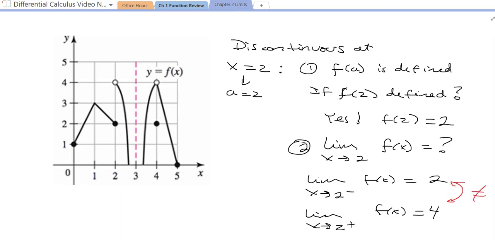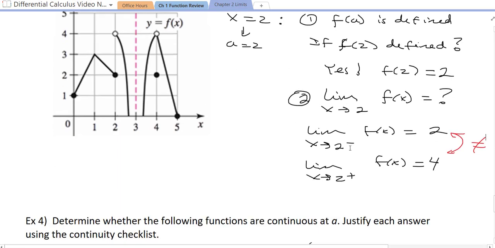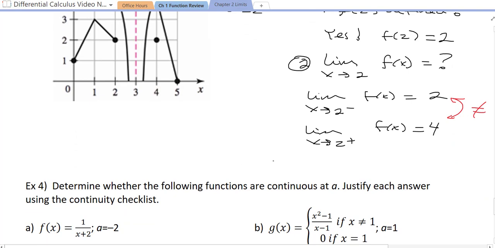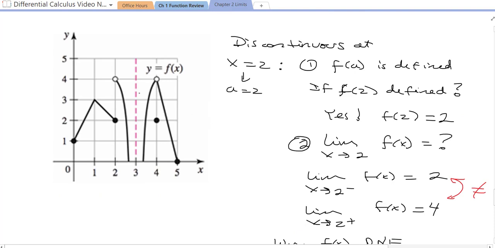So we say the limit does not exist. Therefore this function fails the second point on the checklist. So the limit as x goes to 2 of f of x does not exist. Okay, so it's not continuous at 2.